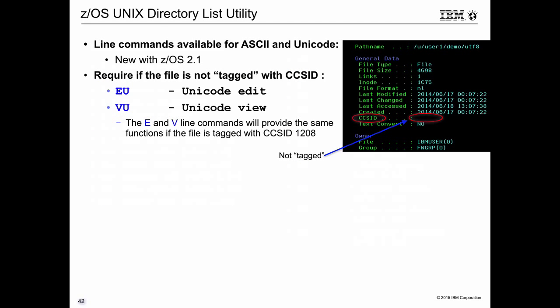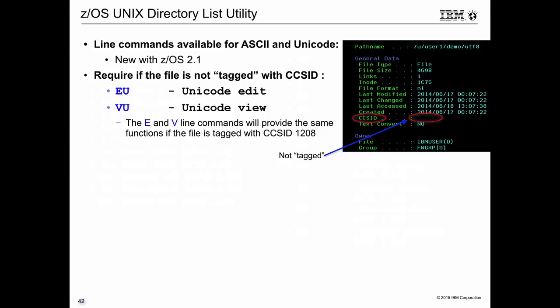In 2.1, we added the ability to have an EU or a VU line command to edit Unicode or view Unicode. If you do the dataset info and look at the description of the file, one thing that's in there is the character set identifier. If the character set identifier tells us it's Unicode, then just doing an edit or a view, just typing E or V out by the file, will do the right thing.